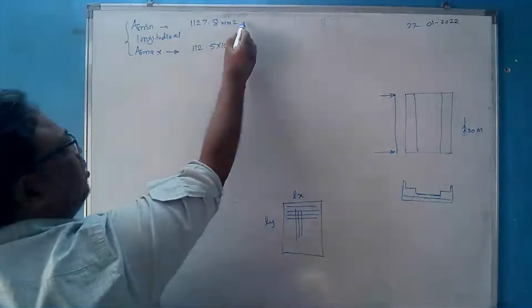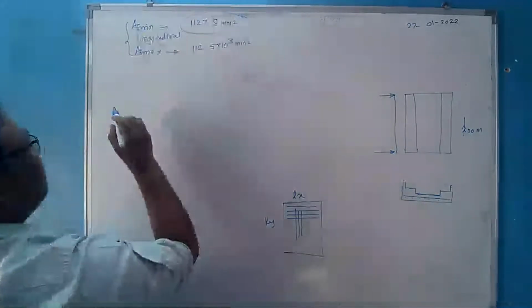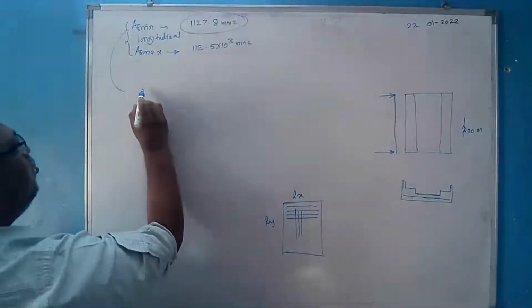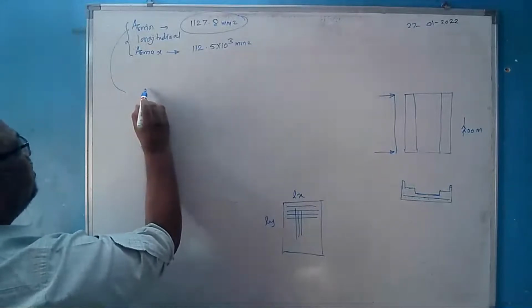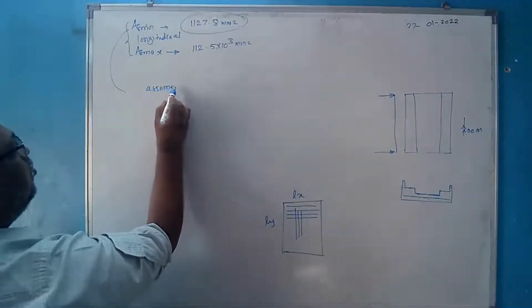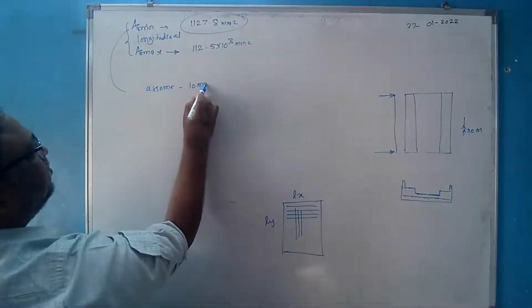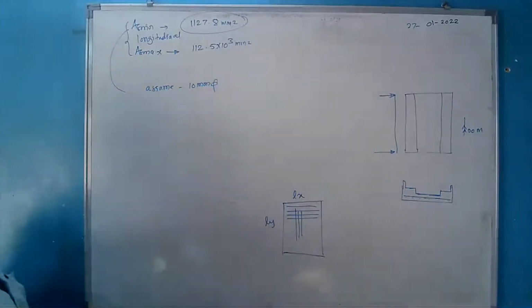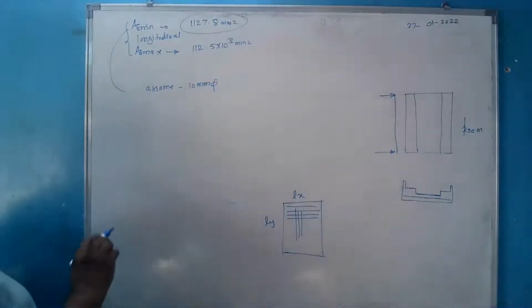So now we are talking about this area. Suppose this is the minimum. So we have to assume some diameter of bar. Suppose I assume a 10 mm diameter bar. In that case, what must be the spacing?